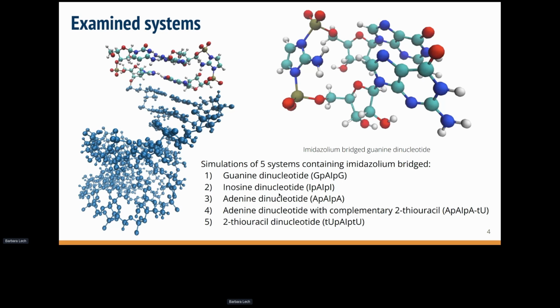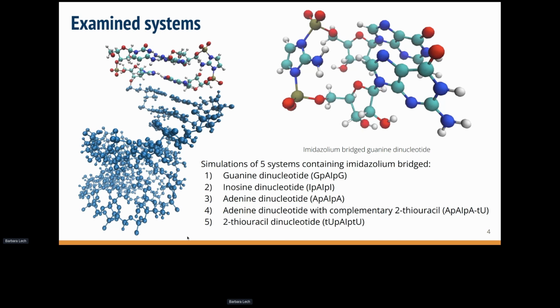Third, I also created an imidazolium-bridged adenine nucleotide, which we know from experiments has a really hard time replicating with complementary uracil. It had really low fidelity and rate.